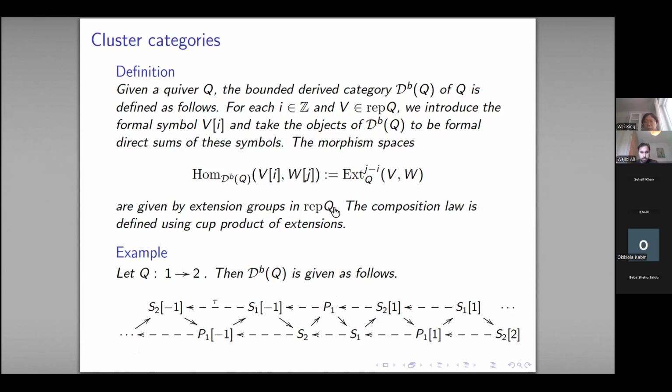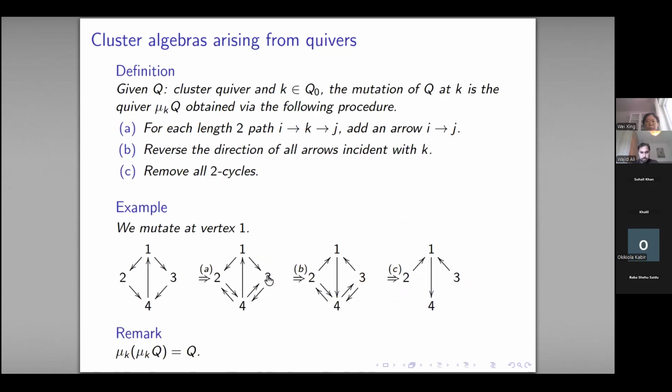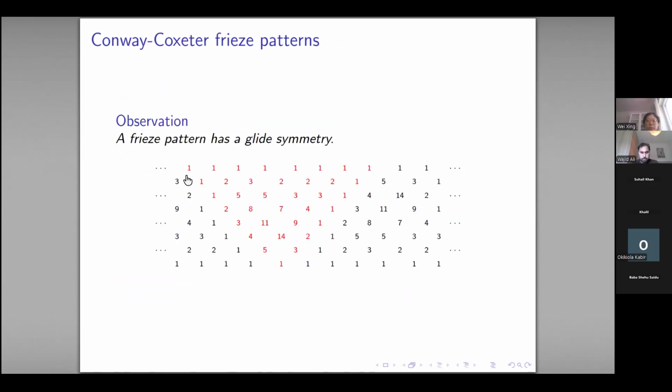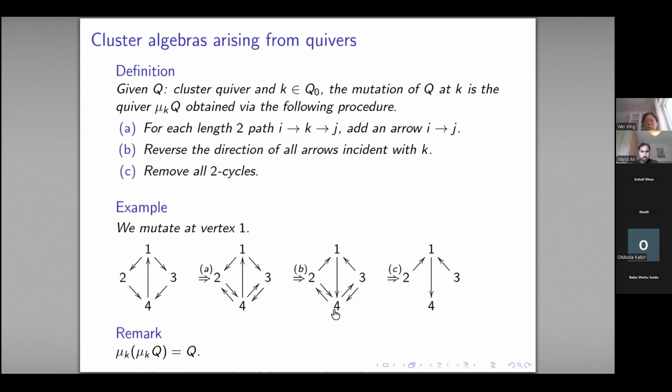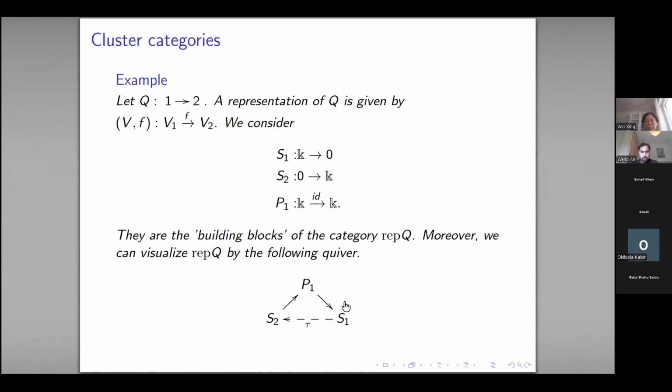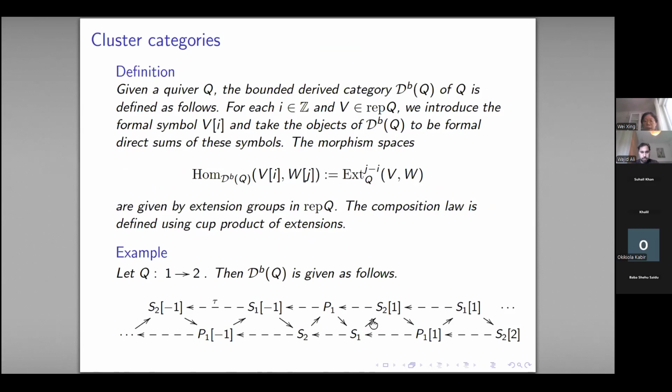But in the frieze pattern, let me recall this picture. So we have this triangle situation, which is roughly like the fundamental domain of the frieze pattern. And we flip this triangle upside down and translate it to the right or to the left, and it will coincide with the corresponding part of the frieze pattern. But here in our category, we have this triangle.